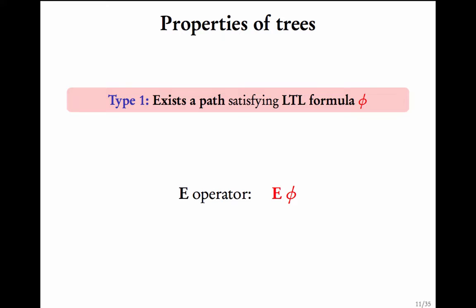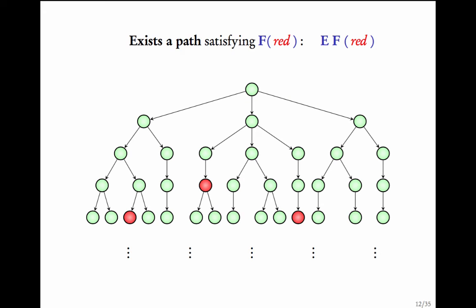There could be some trees which satisfy this and some trees which do not. So in this notation, exists a path satisfying F red will be written as E F red. You know what F red is, and E is the new operator that we have defined in this module.